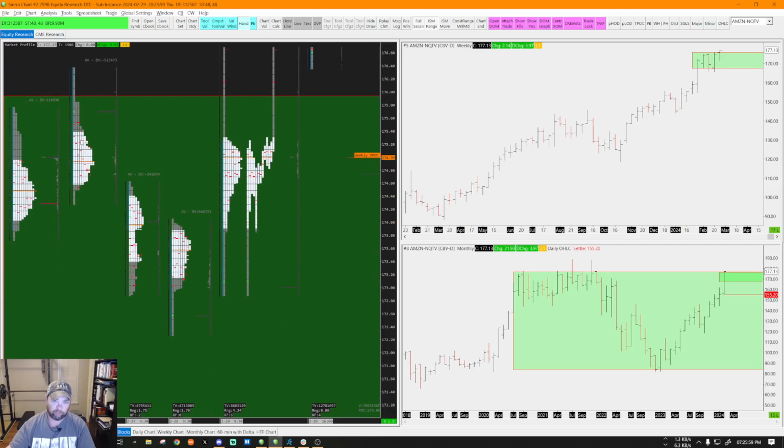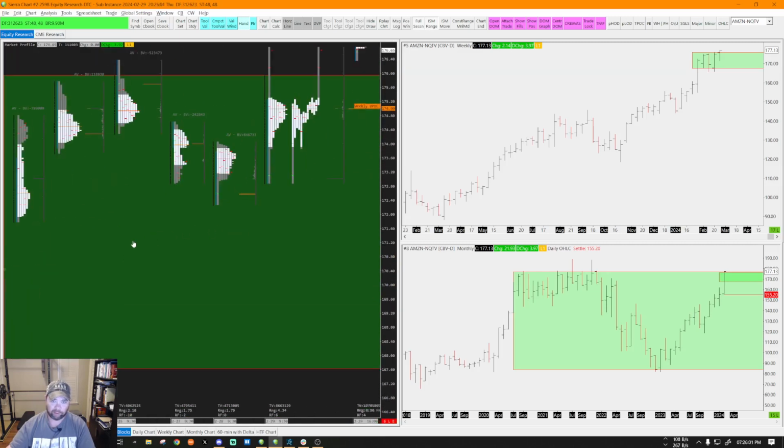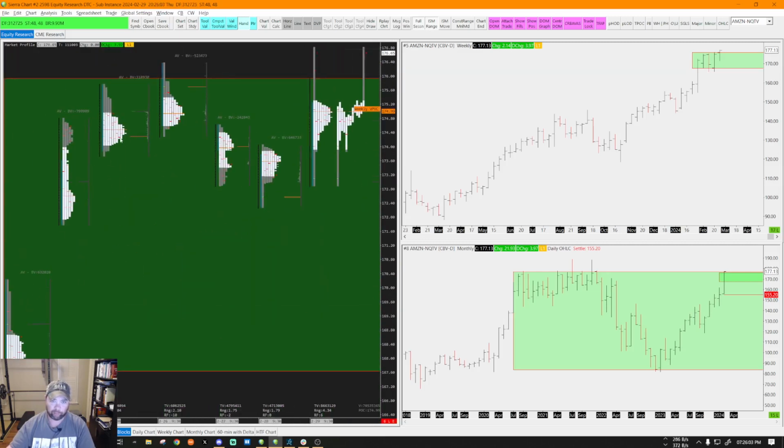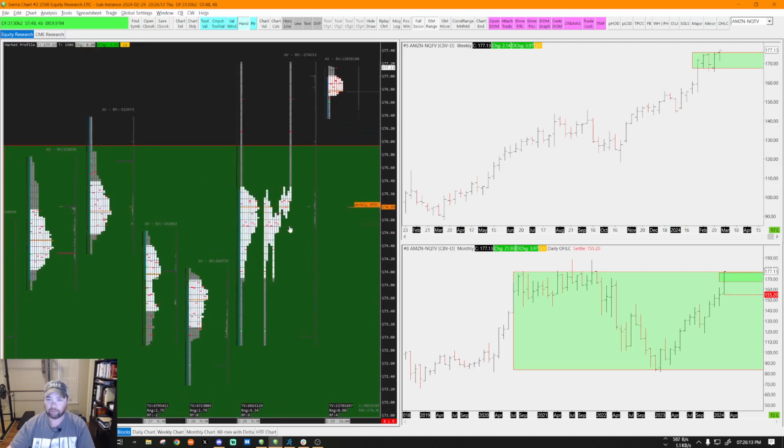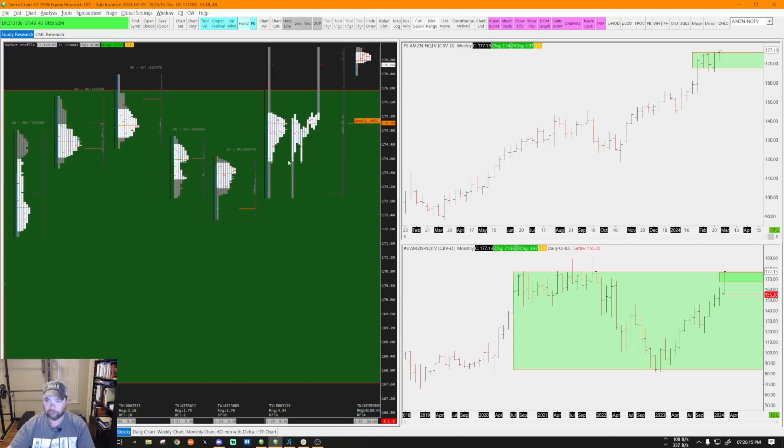Just looking back at this profile, when we gapped up and moved up into this area, we have some long liquidation, and we actually have some short liquidation. And then we moved up strongly at the open, and it looks like there were a lot of people piling in short on this trade.